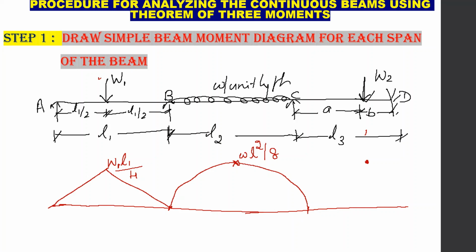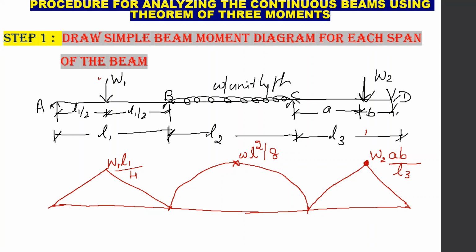So our bending moment diagram will be like this, linear straight lines, and the maximum bending moment at this span will be equal to WAB by L. Here the load is W2 multiplied by A into B divided by L, which is L3. So this is your simple beam moment diagram.